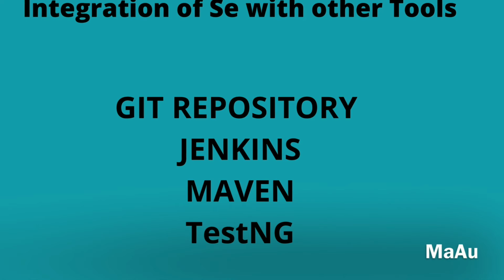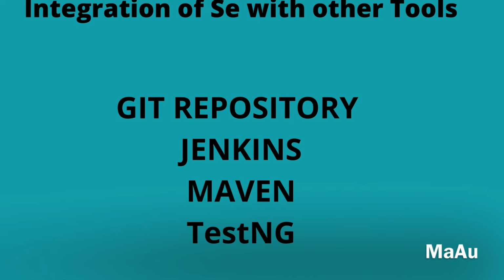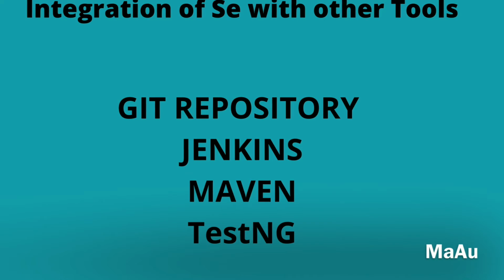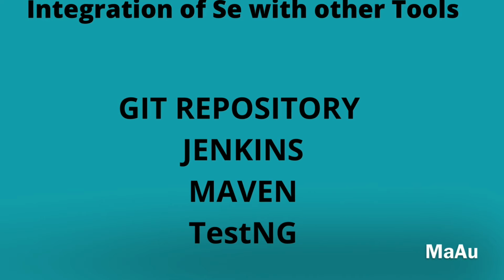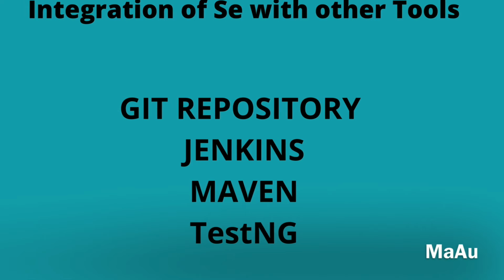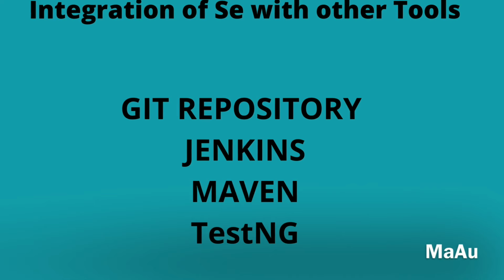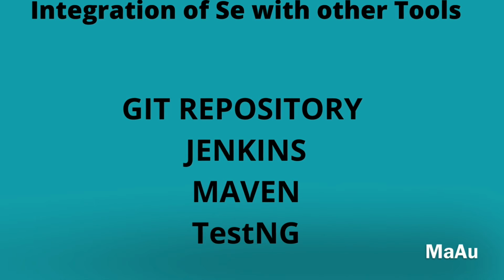Coming to Jenkins, it is a free and open source automation server. It helps automate the parts of software development related to building, testing, and deploying. So we can integrate Jenkins with Selenium to build and test the code whenever a change is committed.